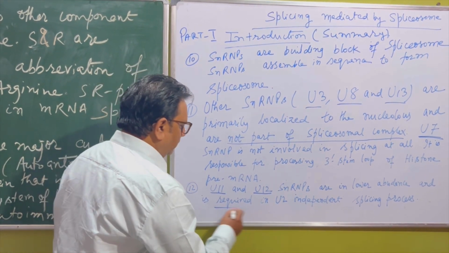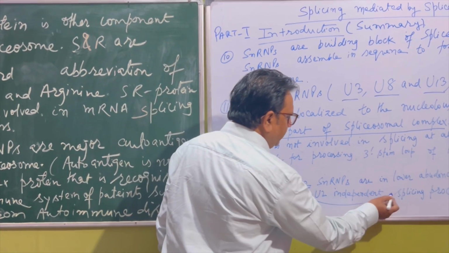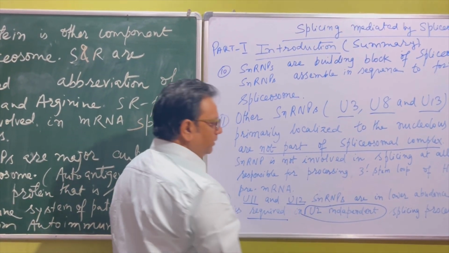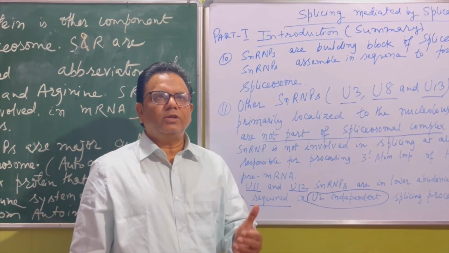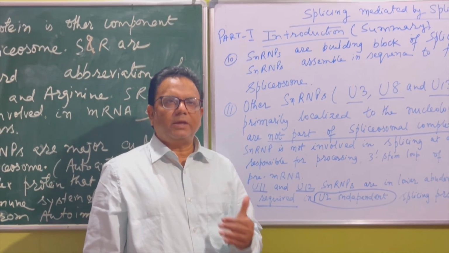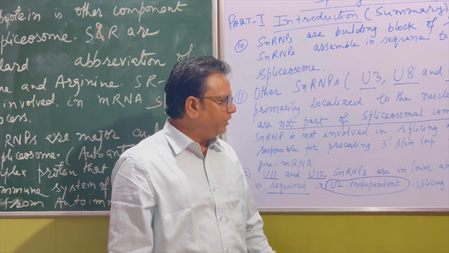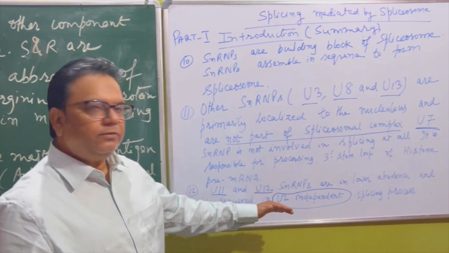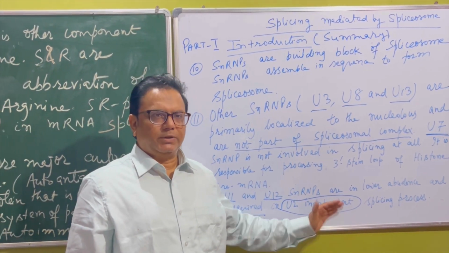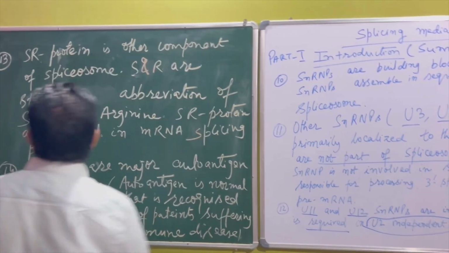It is required in the U2 independent splicing process. So as the name suggests, there is a splicing process by spliceosomes in certain species in which it is U2 independent.